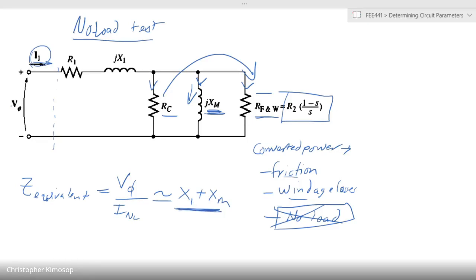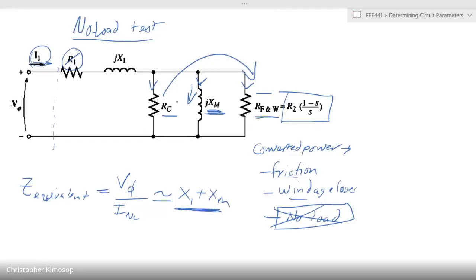And we also know from our previous discussions that R1 is only the winding resistance. It is a minimal element within the circuit, and that is why you're able to reduce it or eliminate it from the circuit. We have reduced that resistance because it is much, much less than the values of the reactances.